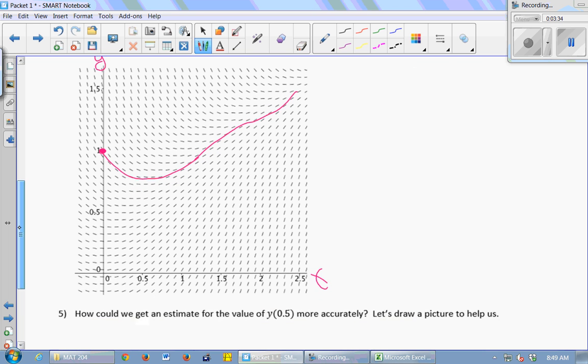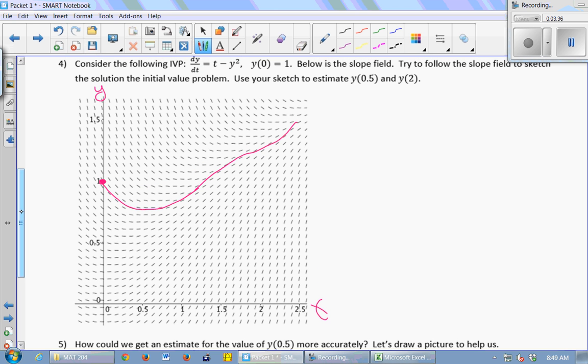Okay. All right, so if I want to know y of 0.5, I just go find 0.5 on the t-axis, I go up to my graph, and I say, looks like y of 0.5 is about 0.8. From my picture, right?